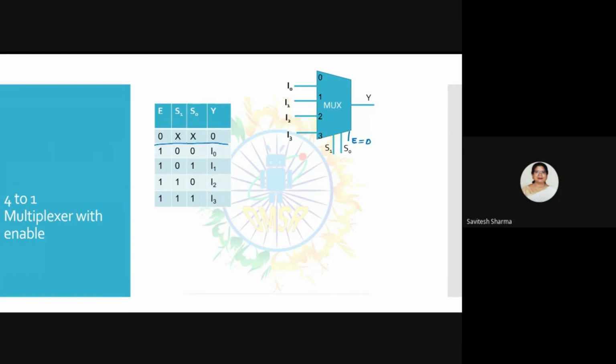If you expand it, it is a compressed truth table. This truth table is compressed because I am not showing 8 combinations here. I am showing only 5. If I want to show the full truth table, you need to expand it. Means you need to write XX as 0, 0, 0. You need to write XX as 0, 1.